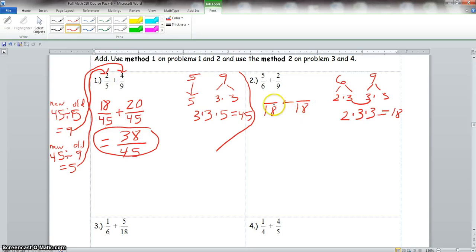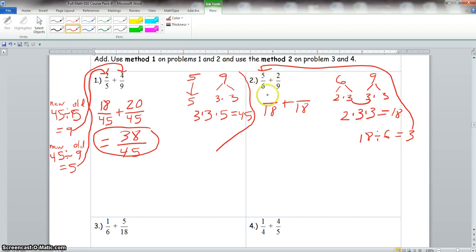Now we have to find our numerator. So this is what we would do. We would take the new denominator, which is 18, divided by the old denominator, which is 6. 18 divided by 6 is 3. So now we take this 3 and we multiply it by this numerator.